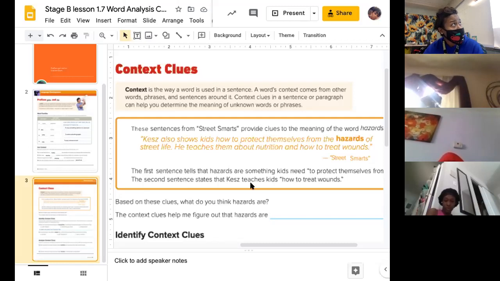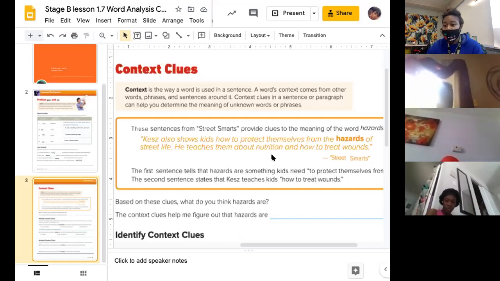All right, now we need to identify the qualities of the word. Like I said, the sentence tells us that hazards are something kids need to protect themselves from. If you have to protect yourself from something, that means it's usually what? A weapon? Weapons can be what to you? Yes, Ivana, harmful, dangerous, right?